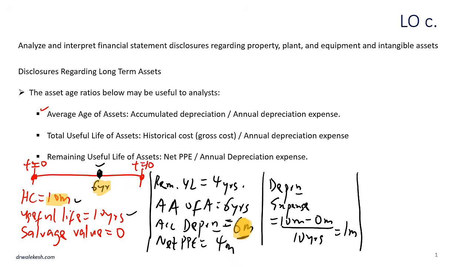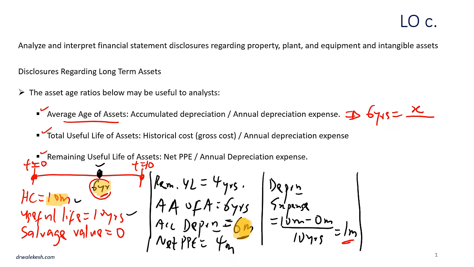So let's get started with how to remember the first formula. When it comes to the first, which is the average age of the assets at the end of the 6th year, the average age of the asset is 6 years. 6 years will be equal to x all over the annual depreciation, since we agreed that the denominator for all the three formulas is annual depreciation.